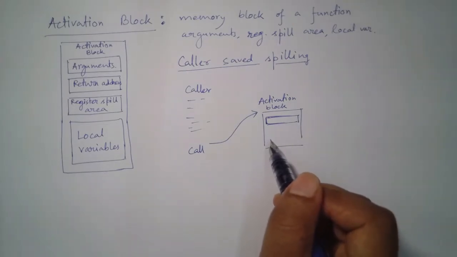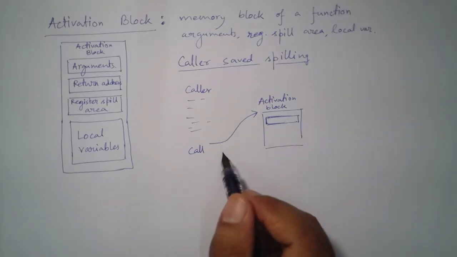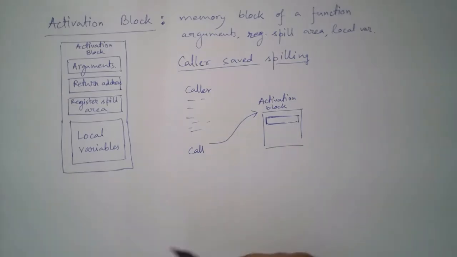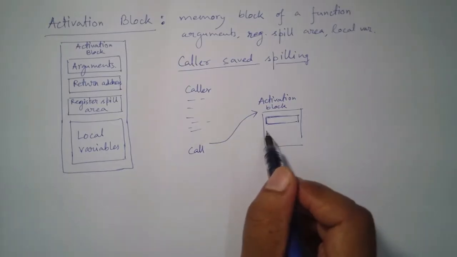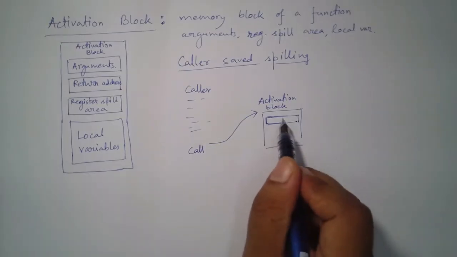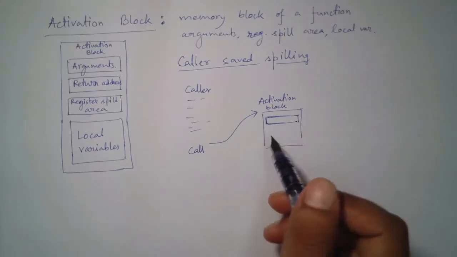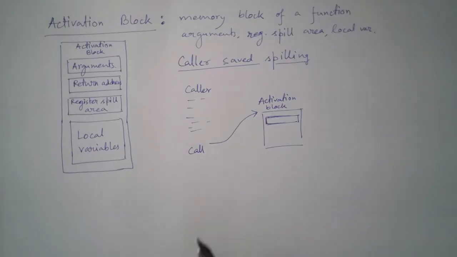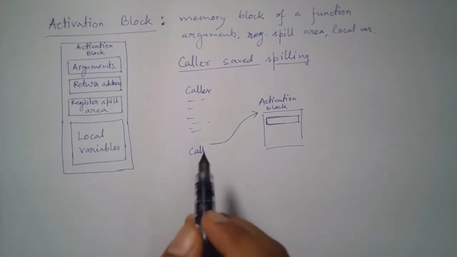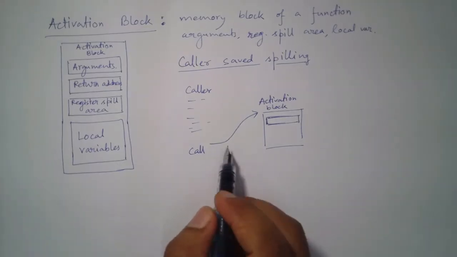Alright. So, basically the sequence is: you spill first, basically you save your current registers, then you create the activation block and write the arguments in the activation block, and then you call the callee so that the callee can start executing. Okay. What happens inside the called function?